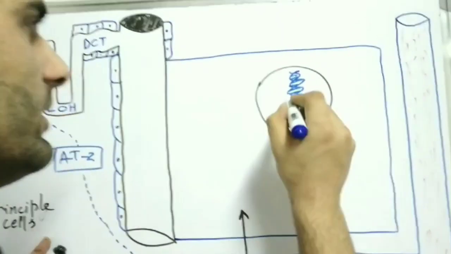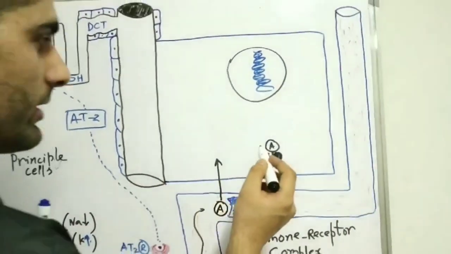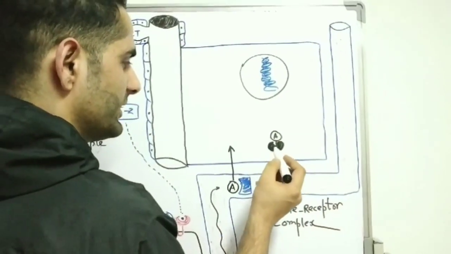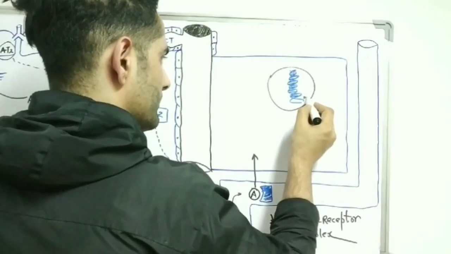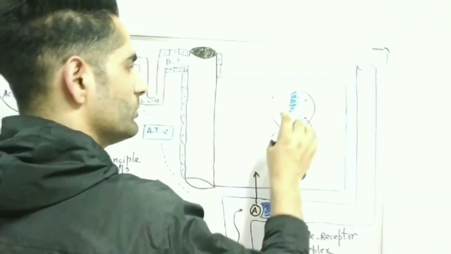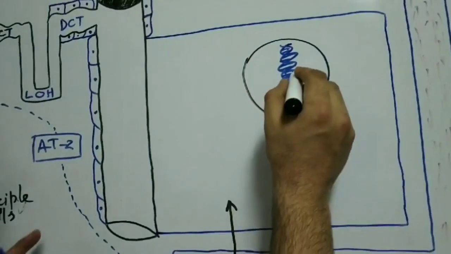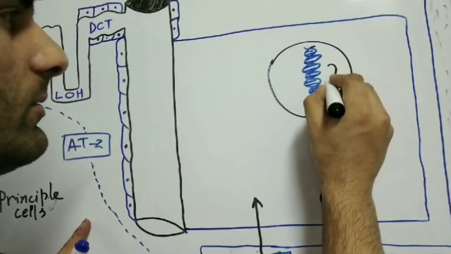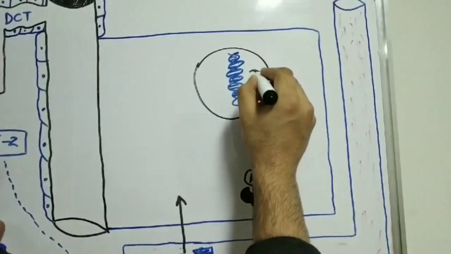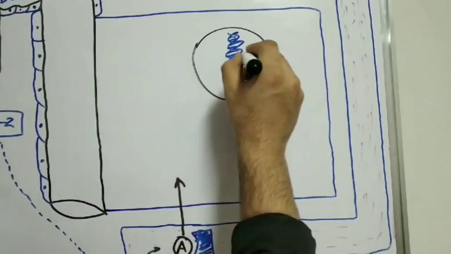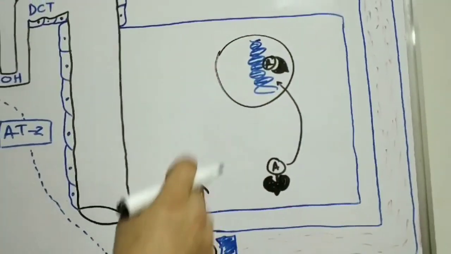This is the DNA here. Now, this hormone receptor complex enters into the nucleus, stimulates the DNA and binds with the DNA. Here is your hormone receptor complex. Let me show you here. It binds with the DNA.